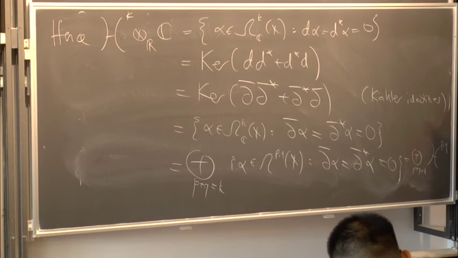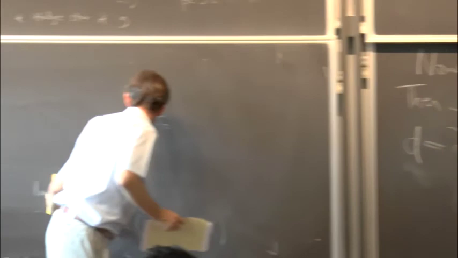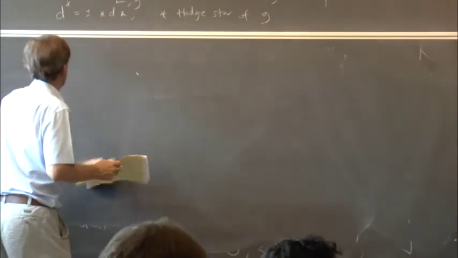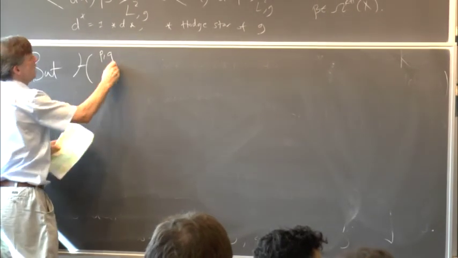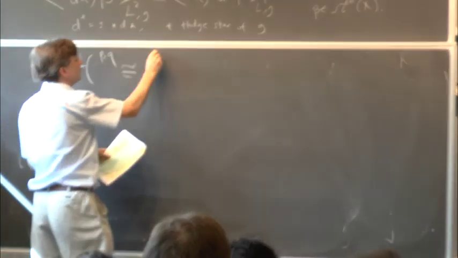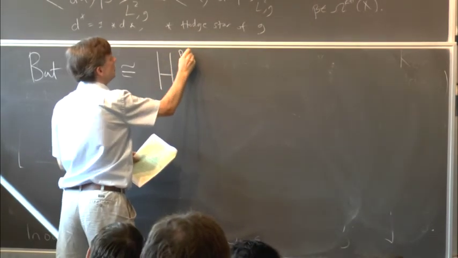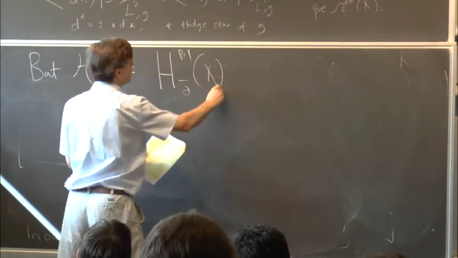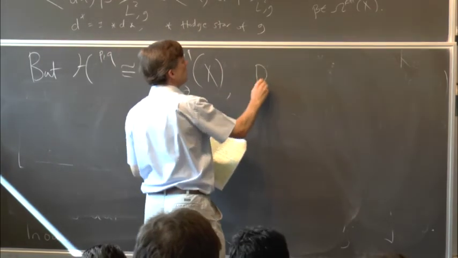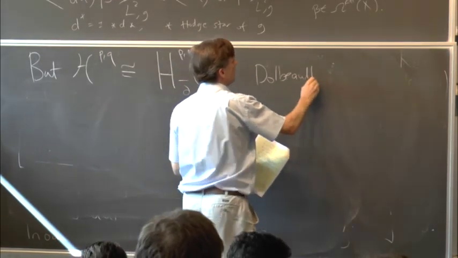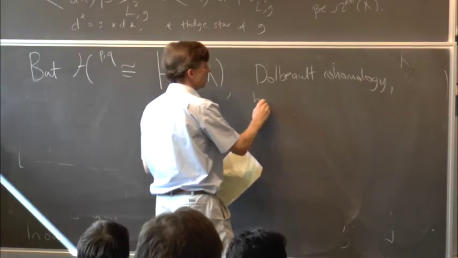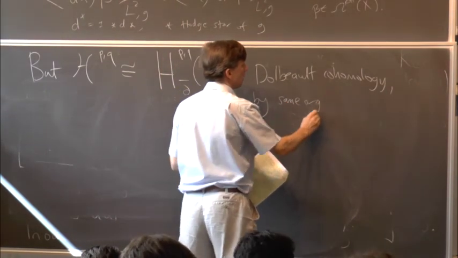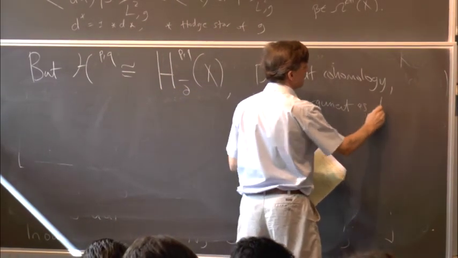Okay, so curly H^{p,q} is isomorphic to the Dolbeault cohomology H^{p,q}_{d bar}(X), basically by the same argument as in Hodge theory.